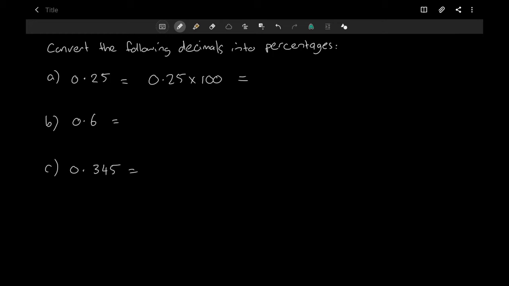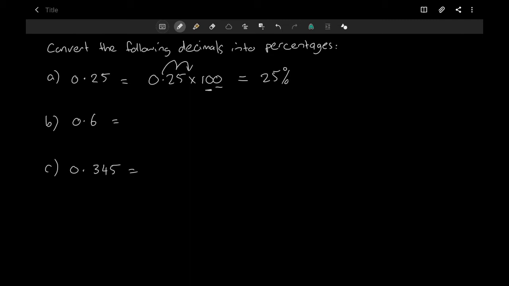Now, as you know, when you multiply a decimal by 100, you shift the decimal point over 2 spaces because 100 has 2 zeros. So when you do that, 0.25 becomes 25%.